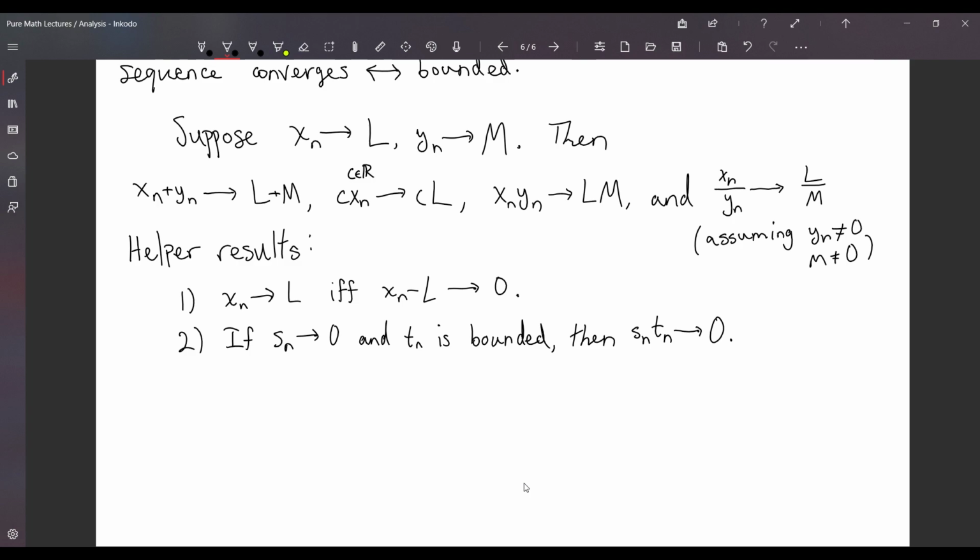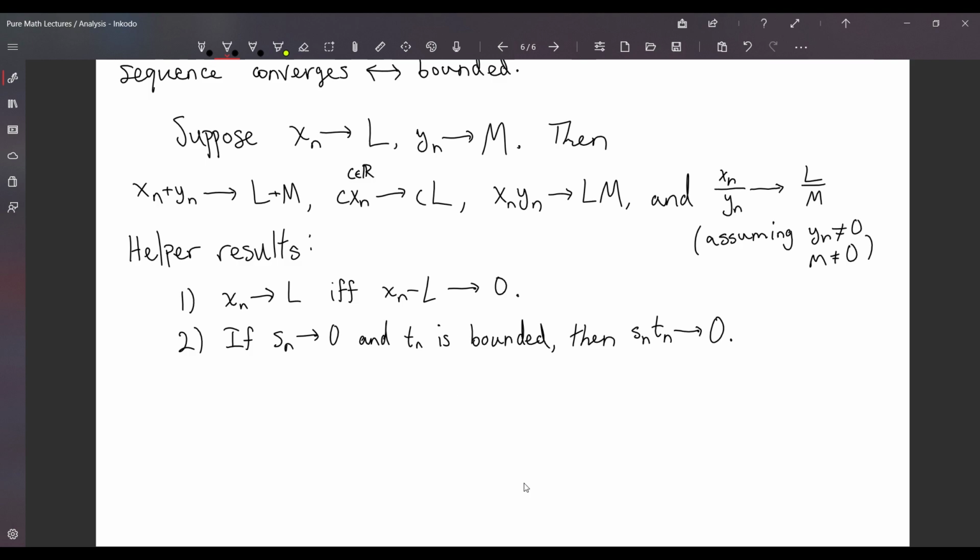The idea here is that T sub n is going to be contained in some finite interval, and then as you keep multiplying by numbers that are getting closer and closer to 0, those will eventually beat out the upper and lower bounds of T sub n, right?